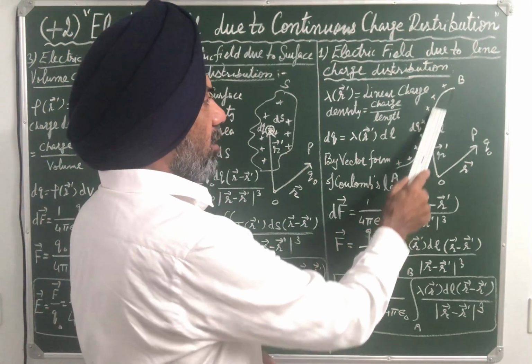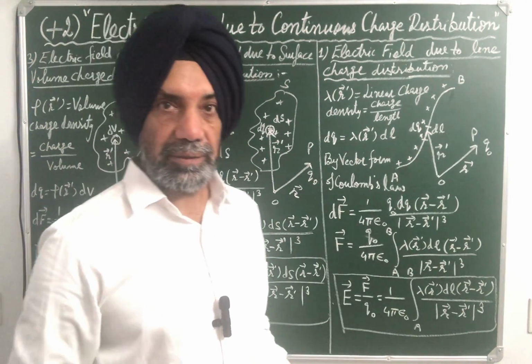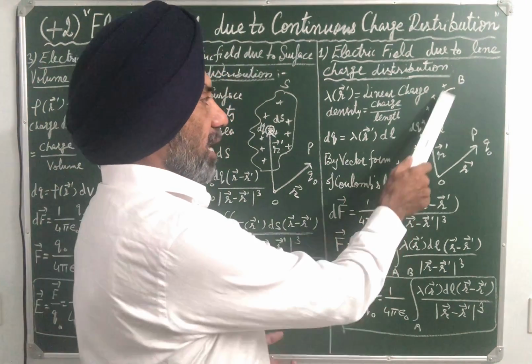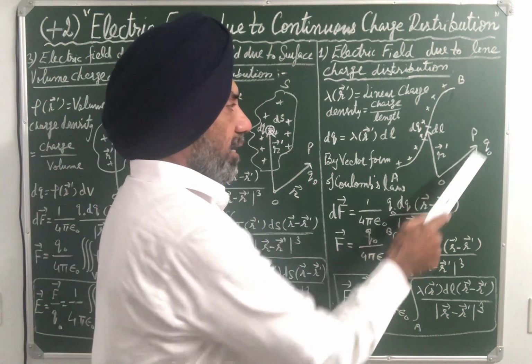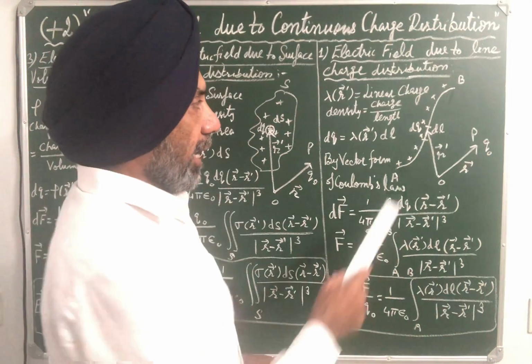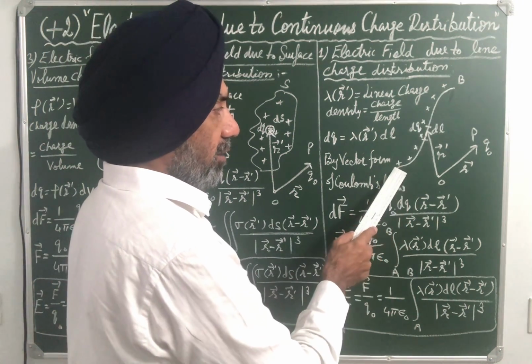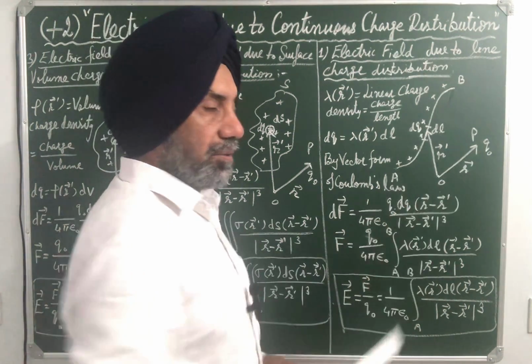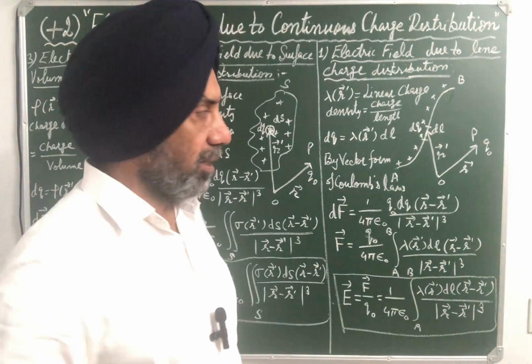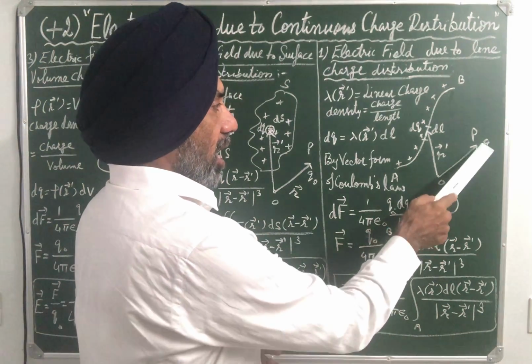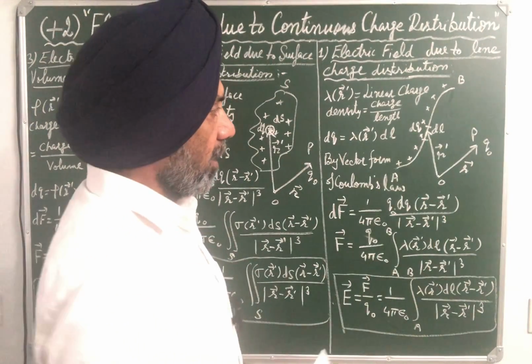Suppose AB is a charged wire, say positively charged, and let P be any point where electric field due to this charged wire is to be determined. Let q naught be the test charge at point P, which is at location r vector from the origin.